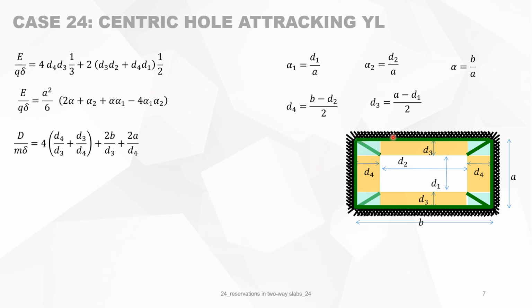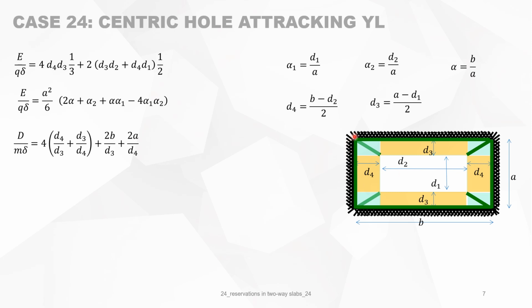Then, for the negative yield lines, we have B times delta over D3. That's the angle of rotation. We have this here and here. There's also a yield line. So we have this 2 times. On the right-hand side, we have A divided by D4, and we have it also 2 times.